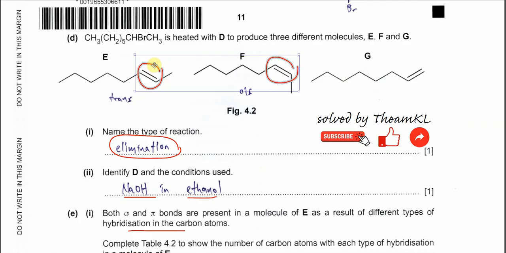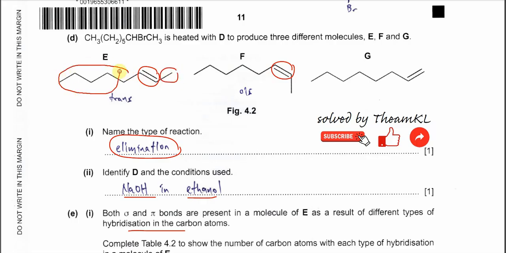Because of the CC double bond here, this one and this one, the bonding cannot be rotated, and this group is now fixed, it cannot move. When there is no free rotation and the position is fixed, it is always trans for this molecule.